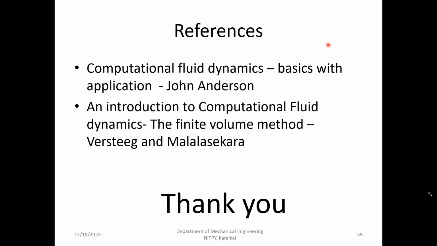Before we start any particular geometry, check whether the geometry is available in the literature, and what parameters they have measured. We must be able to get the same measurement values. But the limitation many UG students or even PG students will face is, if they are working in the academic version, they will not be able to get more than 5 lakh cells.